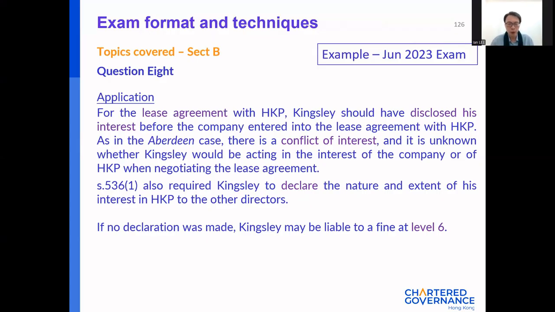So that's why Kingsley should have declared the nature and extent of the interest in HKP to the other directors, and they can decide what to do. They can decide, okay, Kingsley, you should not be in charge of negotiation. Or they can decide, no problem, we'll go ahead. Or they can decide, no, we won't lease from this company. So at least they have the right to know and they can make a decision. So if no declaration was made, as you recall, the fine is at level 6, which is 100,000.